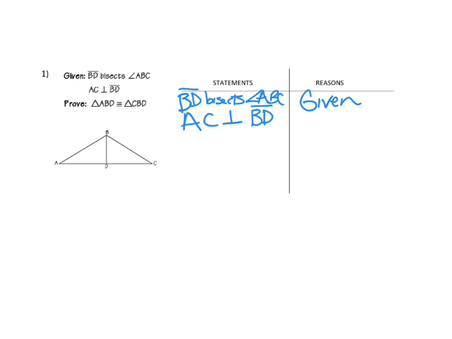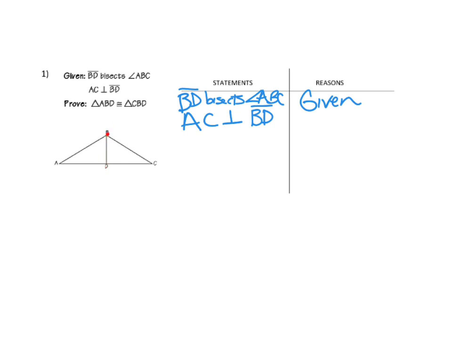Once we have that, we want to go through our given, and we want to look and see what that means in the given. So it says segment BD bisects angle ABC. When we look at this, BD is bisecting an angle. An angle bisector is going to create two equal angle measurements.